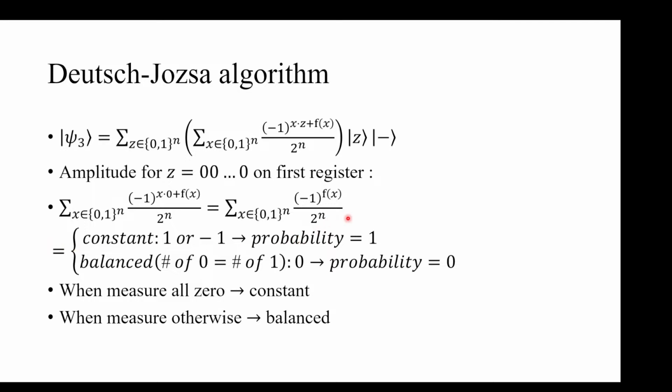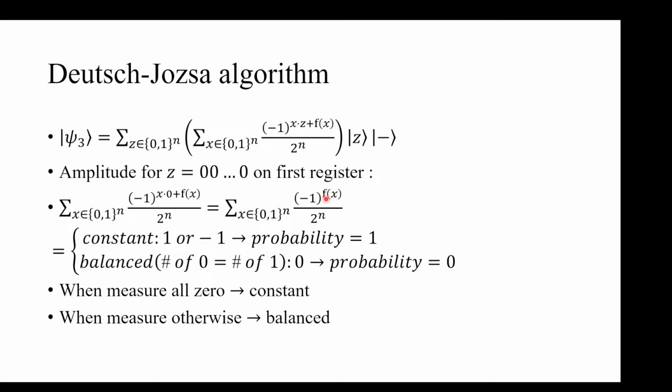Now when you have a constant function, so f(x) equals 0 or 1, then this number is either 1 or -1, depending. If f(x) equals 0, then you are summing over a lot of 1s here.